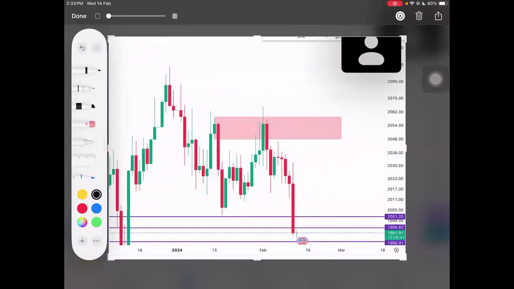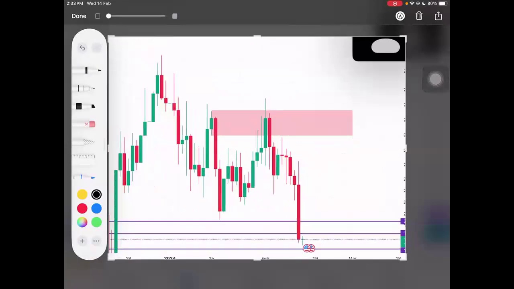You have to wait a few days. First you touch the zone, second, third, fourth, and 5 days. Correct. 5 days you need to wait. Then after you have this, you can enter when the price comes back inside here.